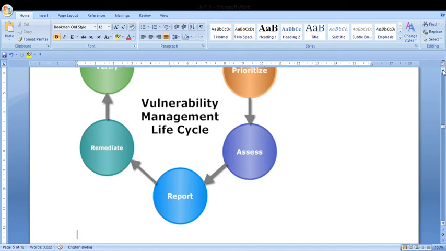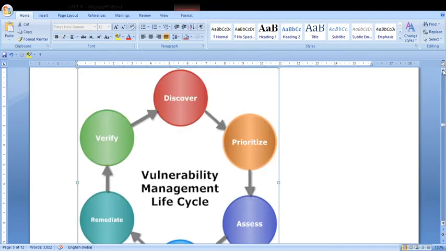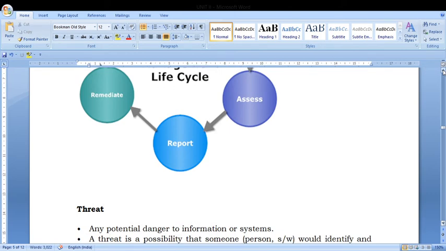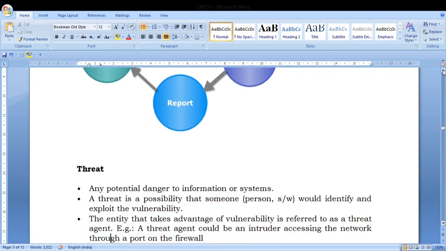If everybody is using a common password, and only particular people use a particular system, we can protect and report it. And any remedies we can do, we can change the password or all these things. Then verify it. So these are all the major things we have to discuss with the vulnerability management life cycle.